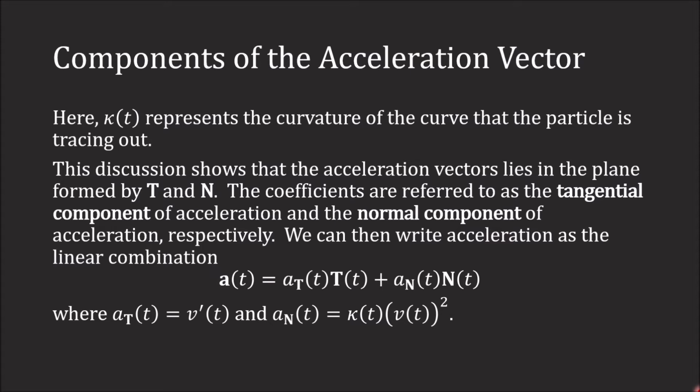So we then write acceleration as the linear combination a sub T times T plus a sub N times N. So again, this piece is known as the tangential component of acceleration, and it is defined to be the derivative of speed. This is known as the normal component of acceleration, and it is defined to be the curvature times the speed squared.